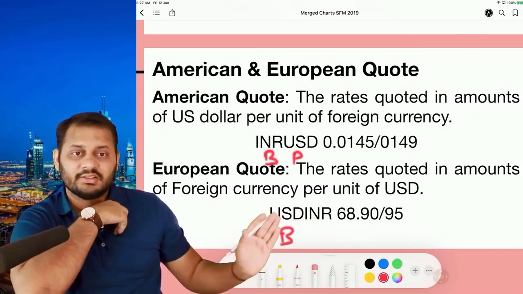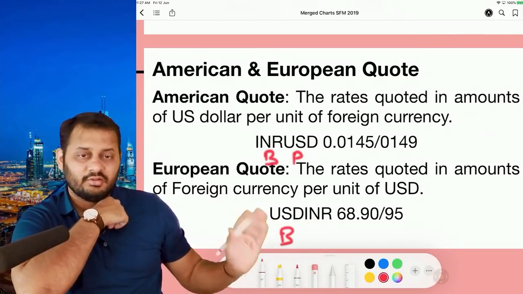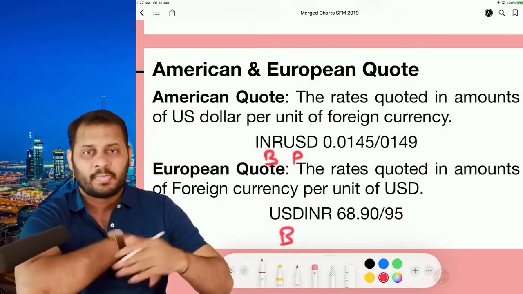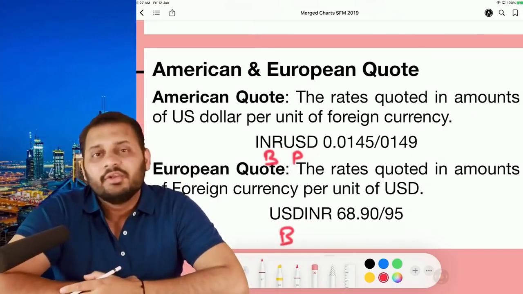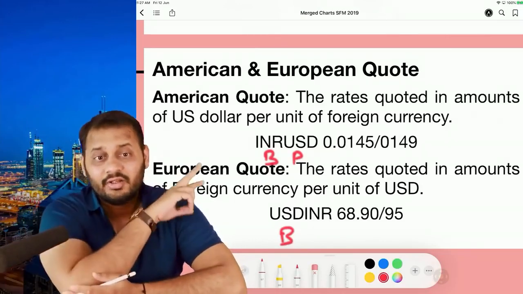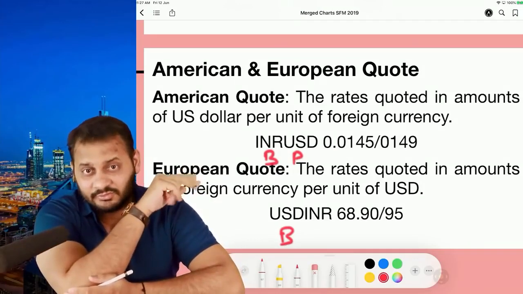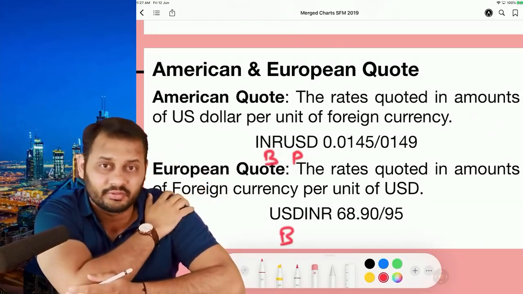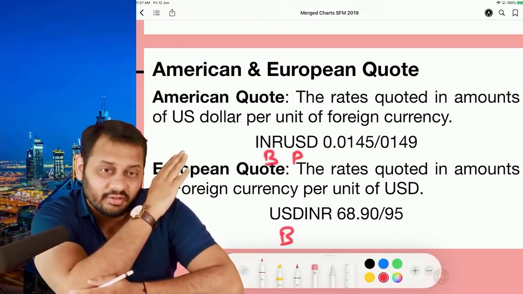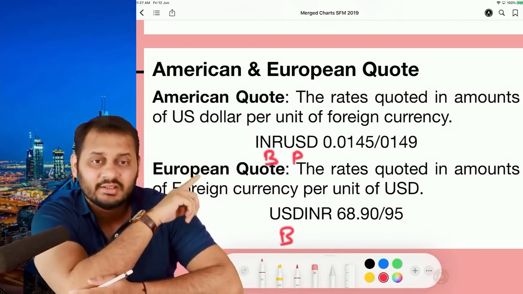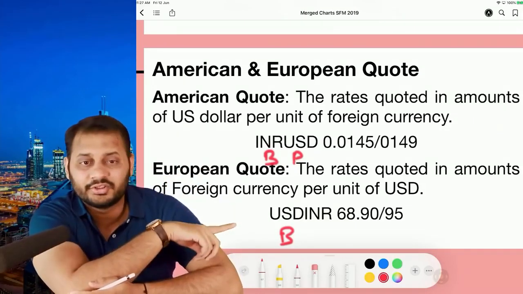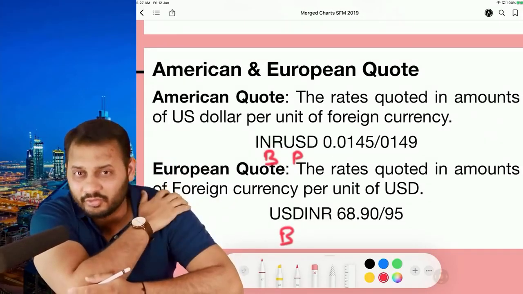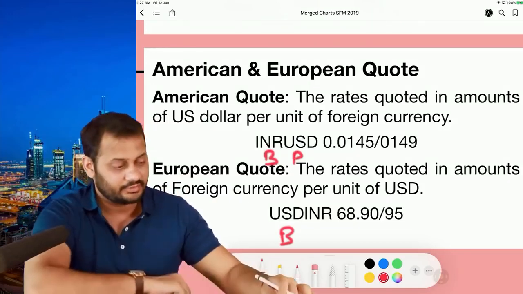So this foreign currency per unit of dollar is European quote. One thing you need to understand is that the dollar should be there. If you take GBP INR, it is neither American quote nor European quote. For the American point of view, the dollar should be the price currency in American quote and the base currency in European quote. Okay, so let's move on.